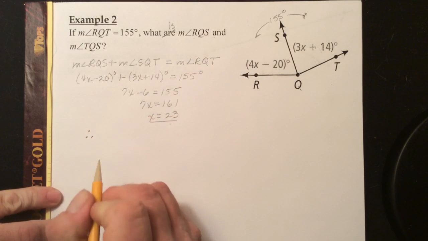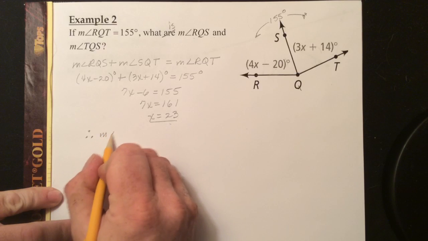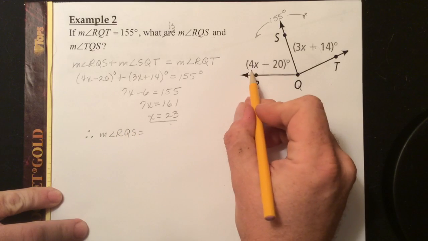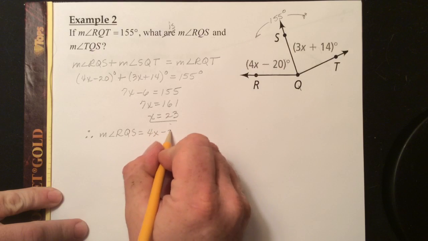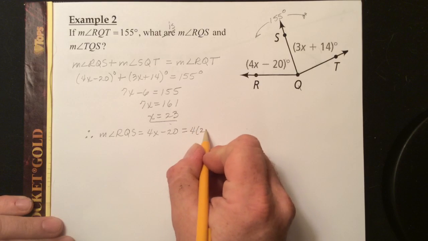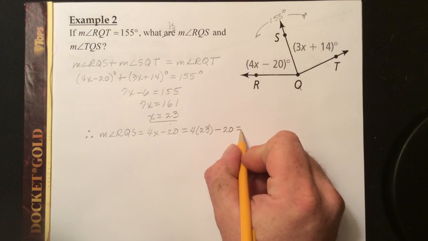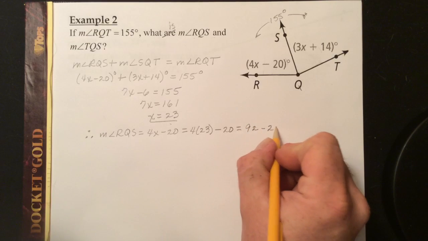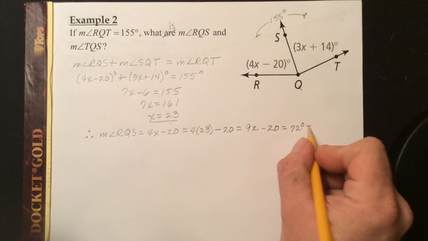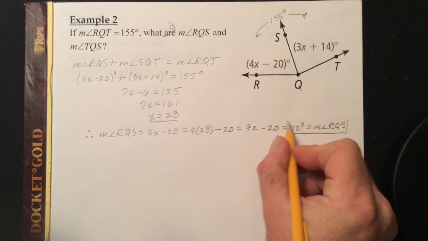So, therefore, that's the symbol for therefore, the measure of angle RQS is equal to, it was 4x minus 20. Substituting in 23 for x, we have 4 times 23 minus 20, which gives us 92 minus 20, which gives us 72 degrees. So the measure of angle RQS is 72 degrees.